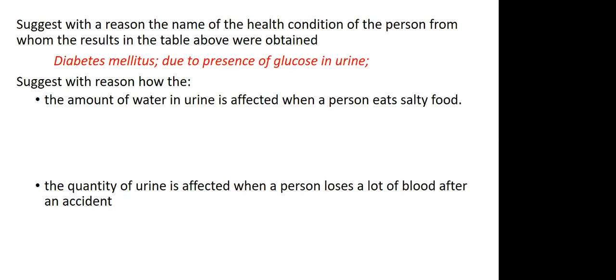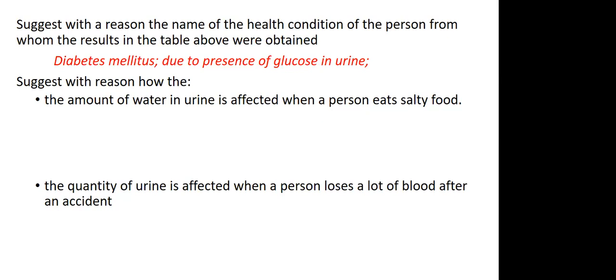We need to be very systematic. First of all, there must be a way of the body detecting the unusual high concentration of salt in the bloodstream. So that's where the hypothalamus comes in, okay?